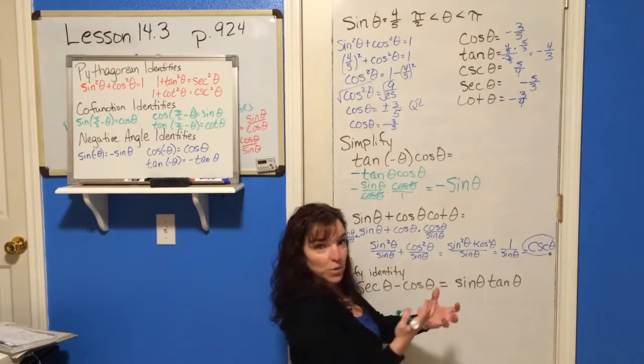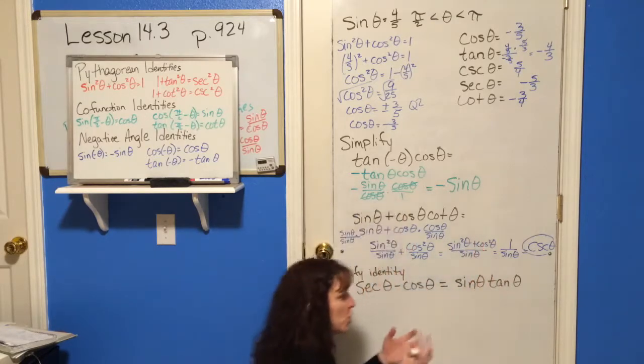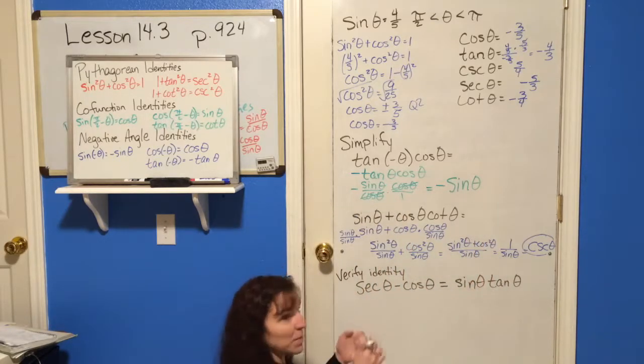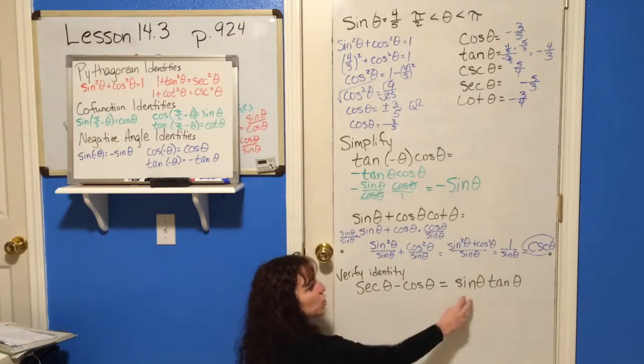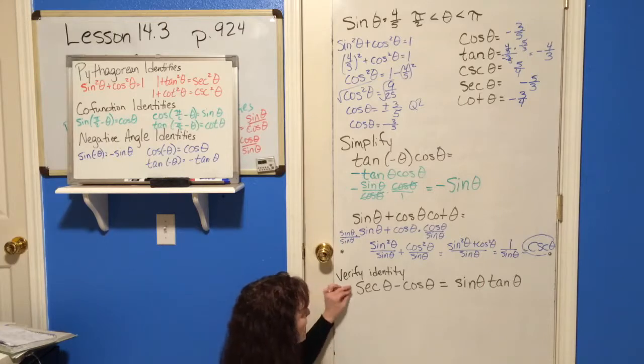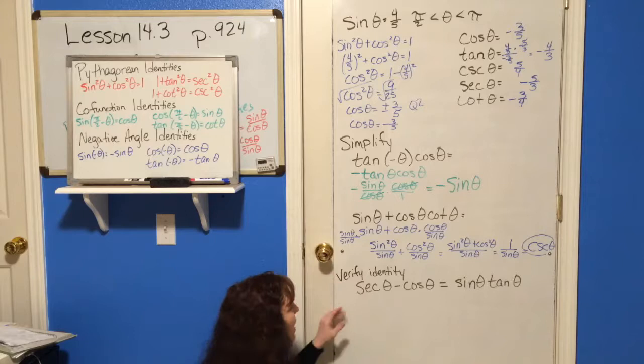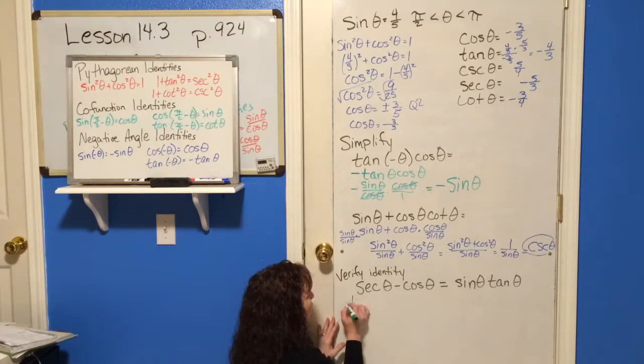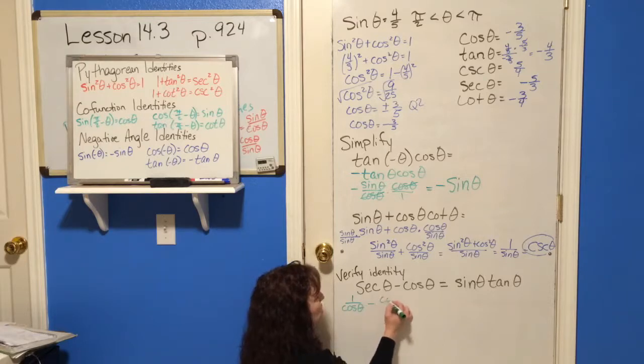You can't change the value of it. You can't add or subtract anything to it, but you can use those identities to manipulate what it looks like so that it looks like this. So use your identities. You know secant is the reciprocal of cosine, right? So secant is 1 over cosine of theta minus cosine of theta.